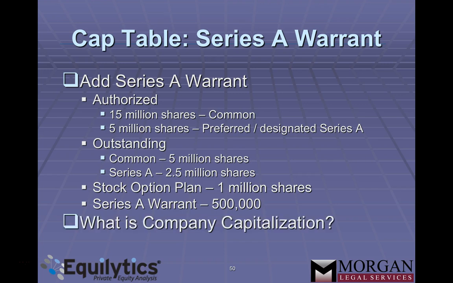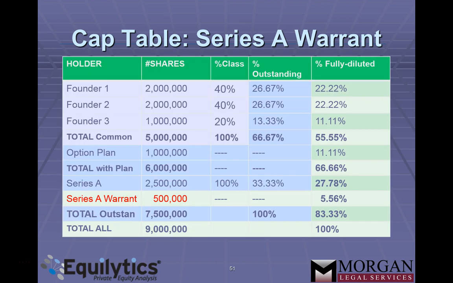Okay, so what does the company capitalization look like with all of this added in? And here is our cap table. So it's very similar to the table we had before. The light blue area representing our initial founders with just common stock.